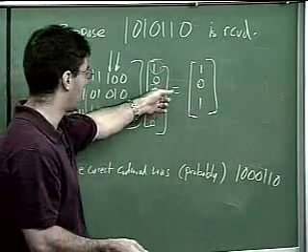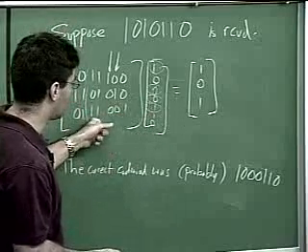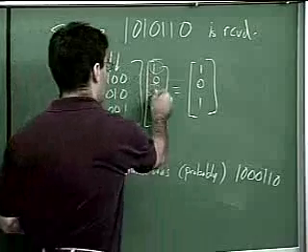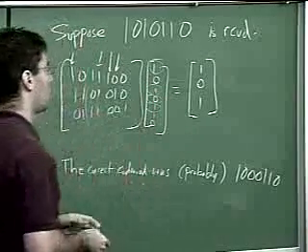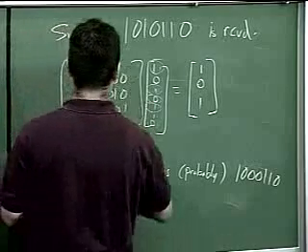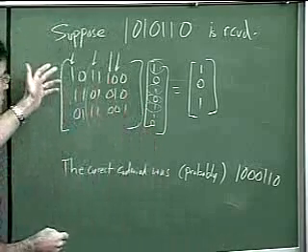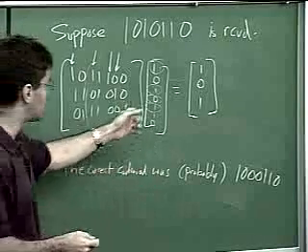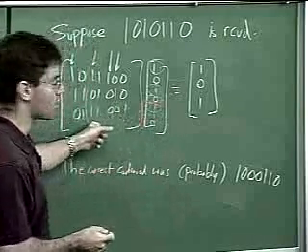So if I change the 3rd bit from 0 to 1, sorry, this was a 1 originally. The original code was like that, right? The original code word XORed these 4 columns. If I change this bit, I no longer XOR this column.